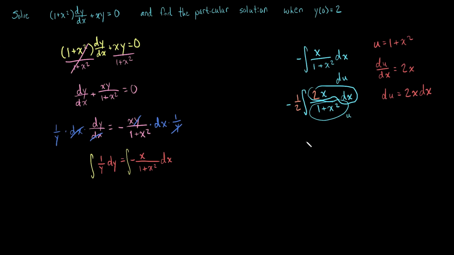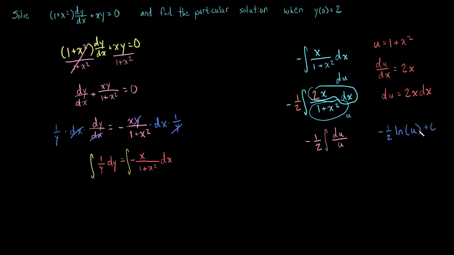So we'll end up with negative 1/2 the integral of du over u. The integral of du over u is just a natural log, which seems to be the running theme of this. So you get negative 1/2 natural log of u plus c.